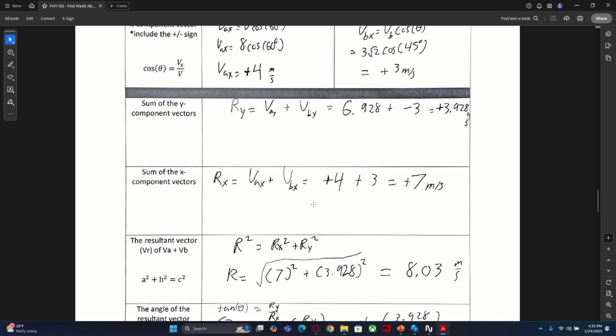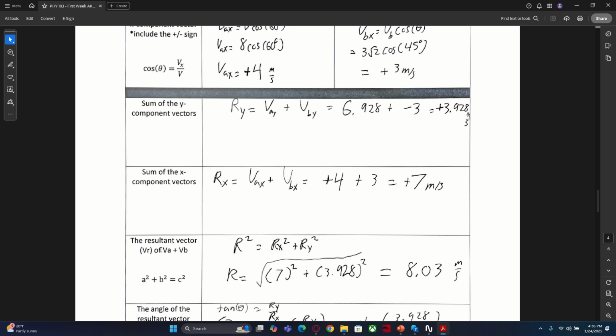For the sum of the y component vectors, we only had two vectors, VA and VB, so we just need to add VAY plus VBY, which gets about positive 3.928 meters per second. For Rx, the sum of the component vectors in the x direction, VAX plus VBX, is positive 4 plus 3, or positive 7 meters per second.